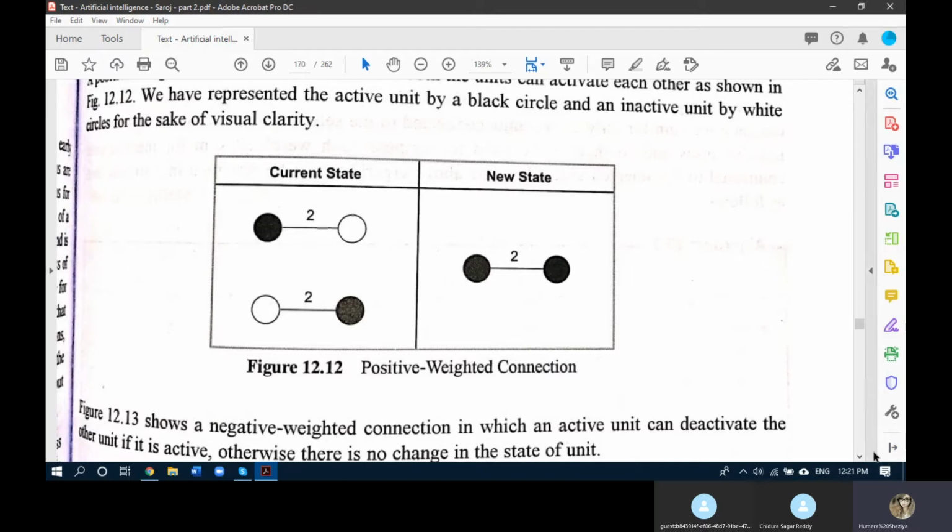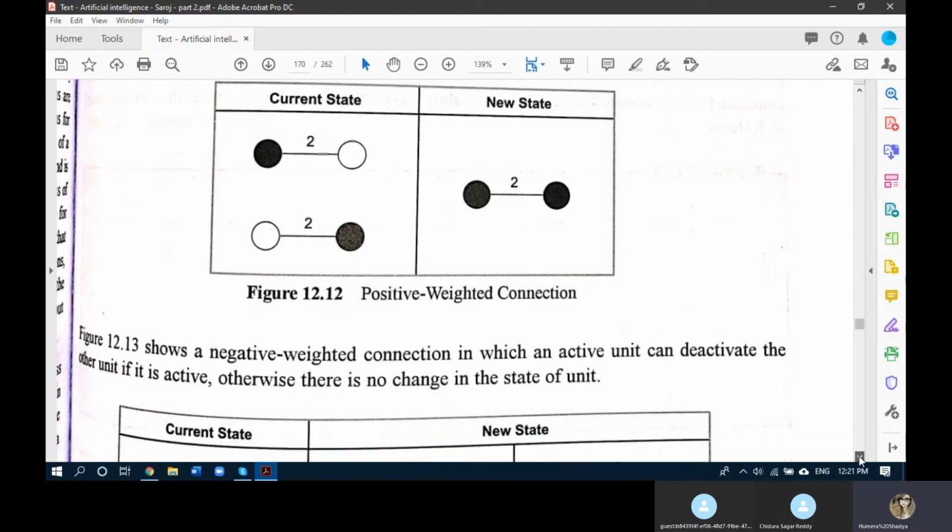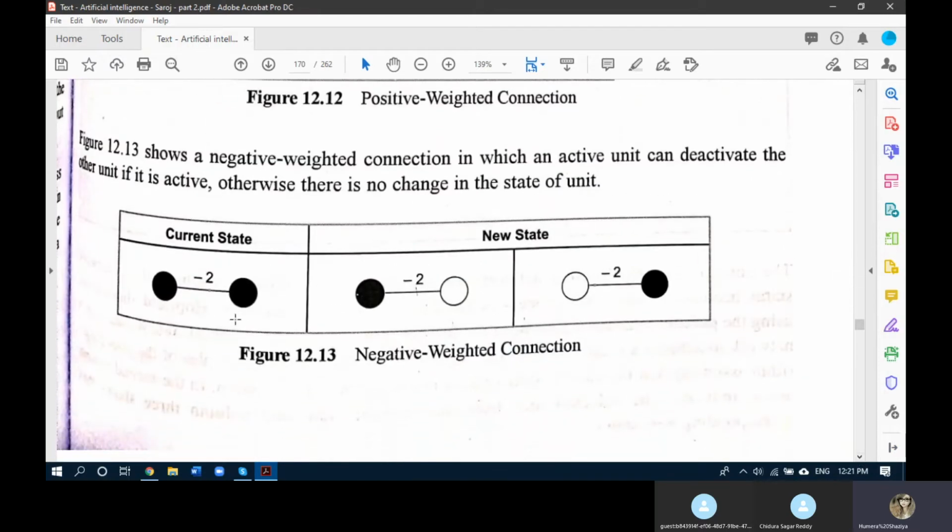This is with respect to positive weights, and going ahead, this is with respect to the negative weights. Negative weights, -2 is the weight between node i and node j, and if you observe carefully the new state can be this one or that one. What does it mean?